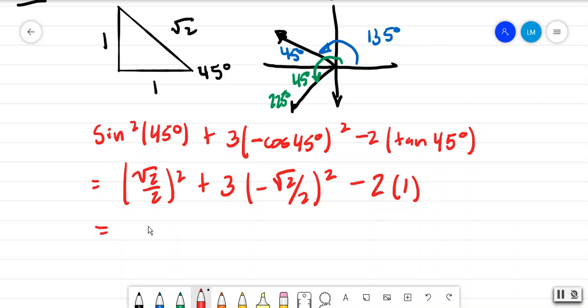Now this gives me 2 over 4 plus 3 times 2 over 4, and then minus 2, and I already see the answer.